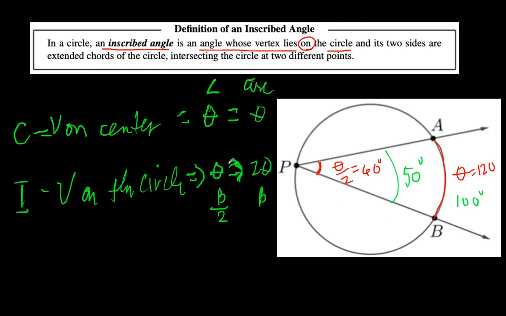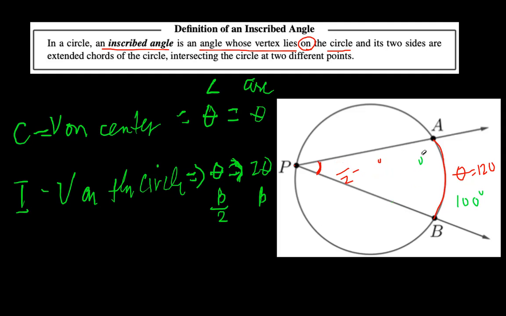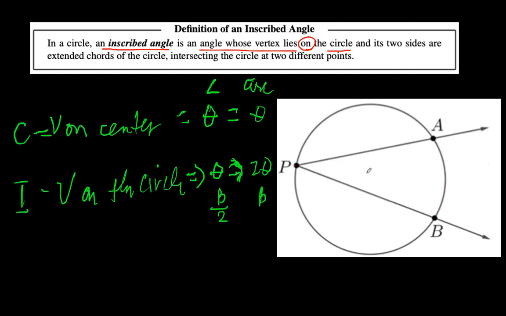Let me just erase this. For you to easily see the comparison between the two angles, let's say this is the center of the circle, O, and we have a central angle AOB.